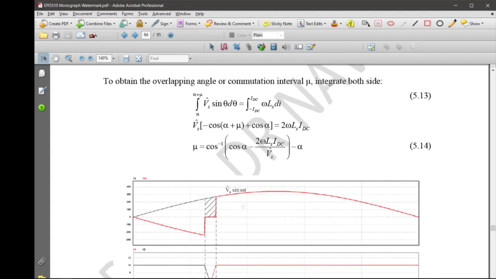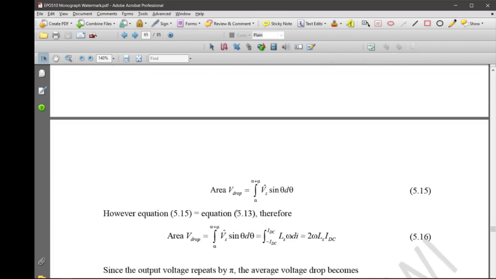Similar methods apply. We need to find the average of this voltage drop, and then simply subtract it from the average output voltage equation for the case without the source inductance.